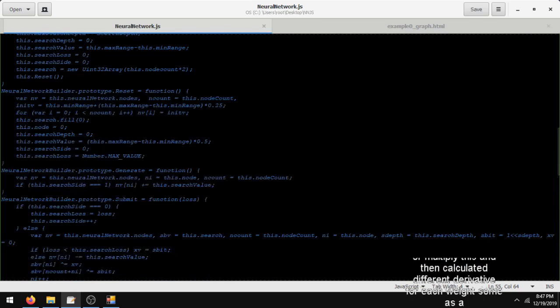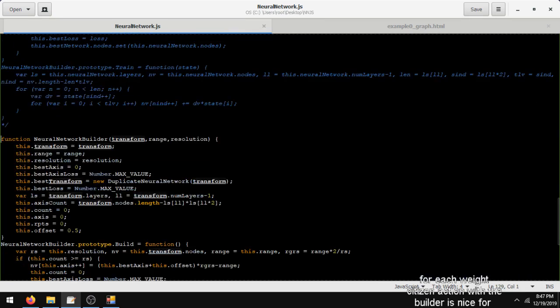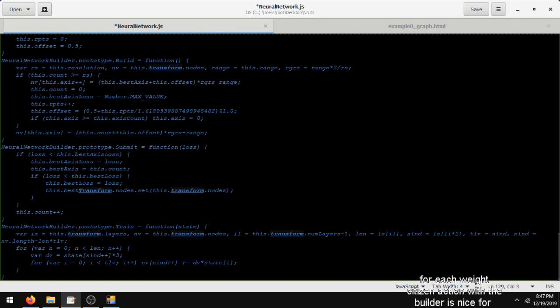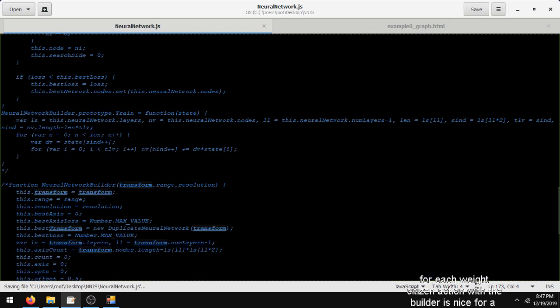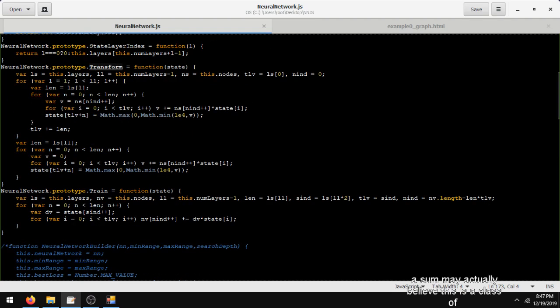So this is actually what the builder is nice for. So I may actually do this as a class. Let me think about if this would actually work though.